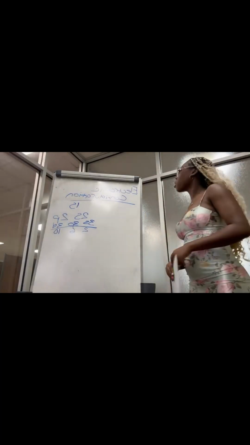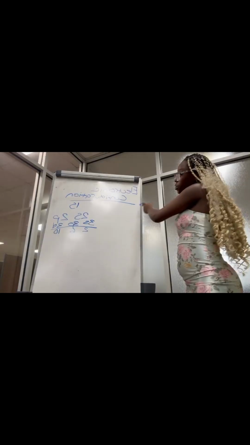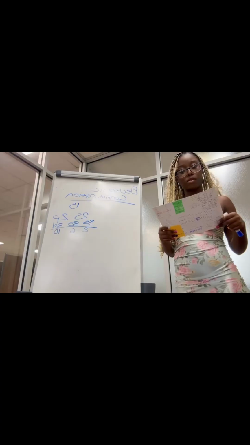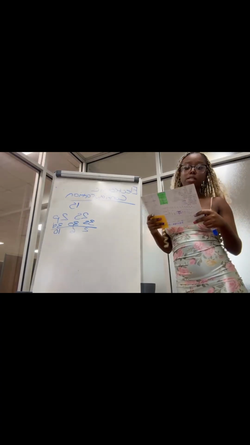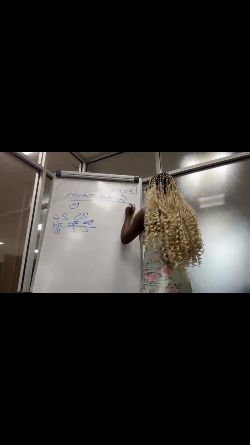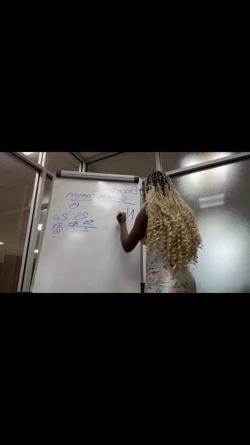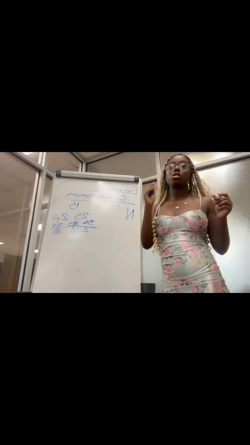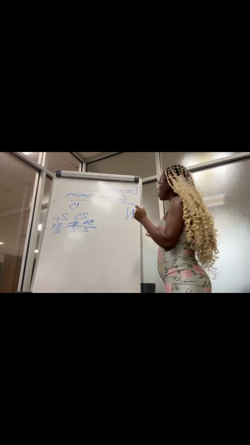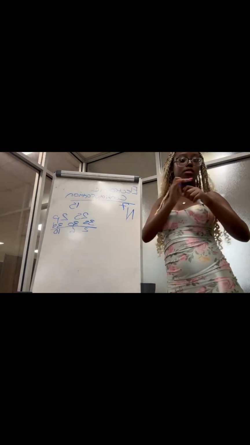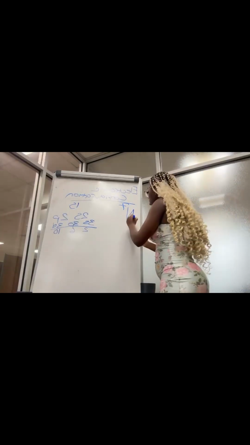Okay, so the next topic is electronic configuration. So what you have to do is you pick an element from the periodic table. I'm going to pick nitrogen. So the atomic number is 7, and the mass of nitrogen is 14.